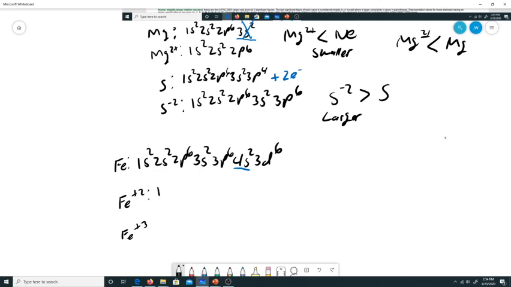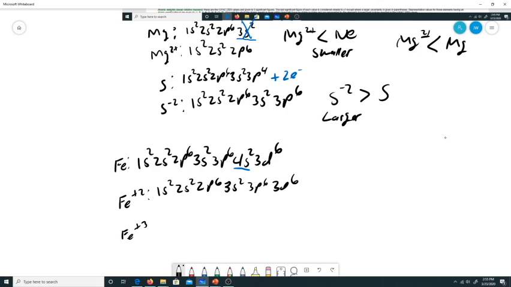So that gives us 1s2, 2s2, 2p6, 3s2, 3p6, followed by 3d6. That is the electron configuration for iron positive 2.